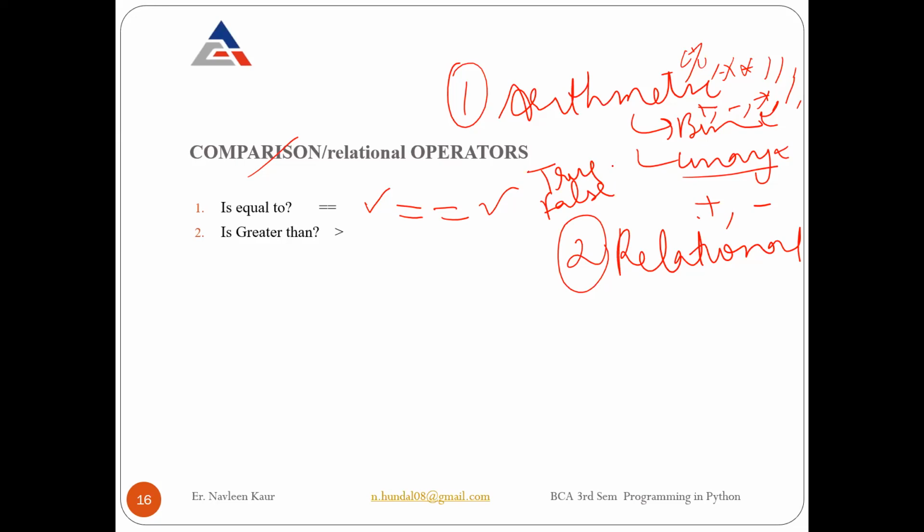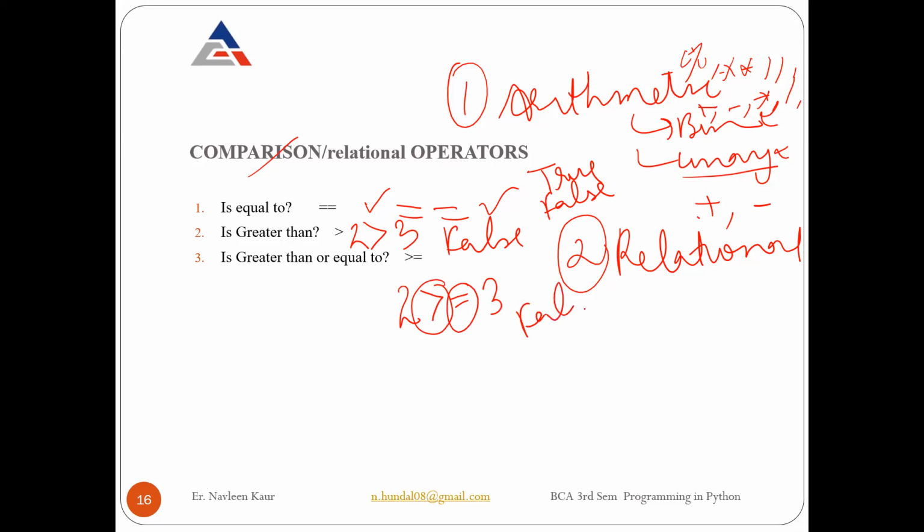Is greater than, which symbol is this? Is 2 greater than 3? I don't think so. So you will get false. Next one is greater than or equal to, meaning is 2 greater than or equal to 3? 2 is neither greater than nor equal to 3, so again you will get false.